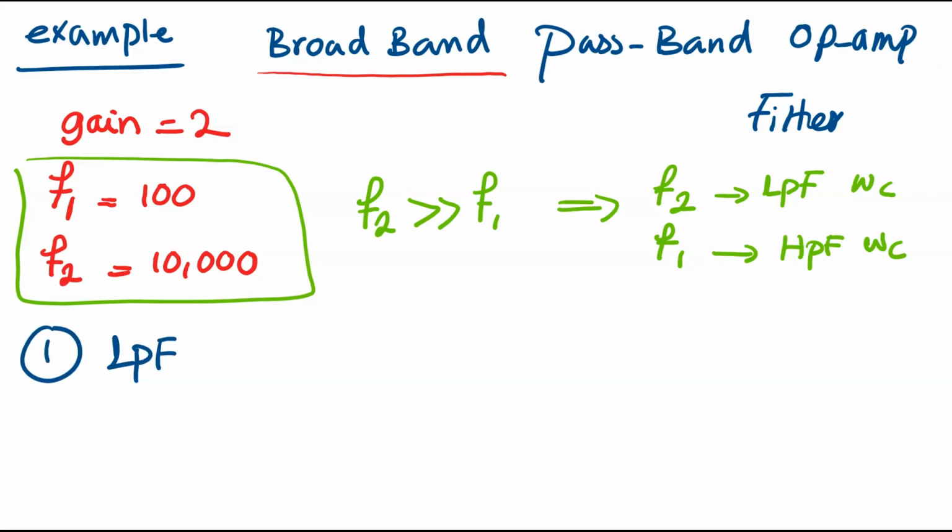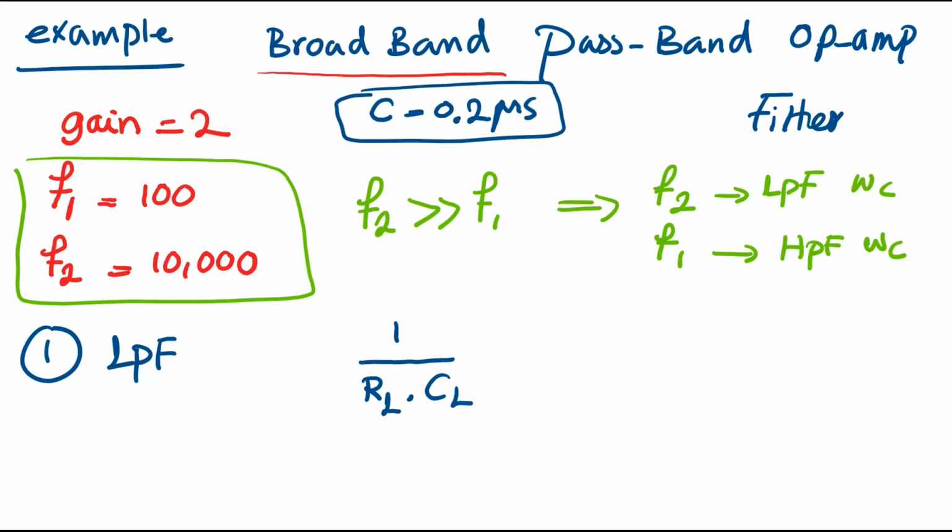For the low pass filter, we know that the cutoff frequency is equal to 1 over RL multiplied by CL. Okay, before I forget, we are asked in the example to use only capacitors equal to 0.2 microfarad. So this is also given.